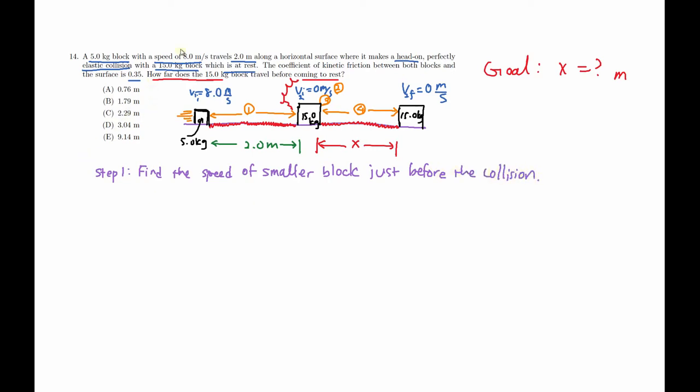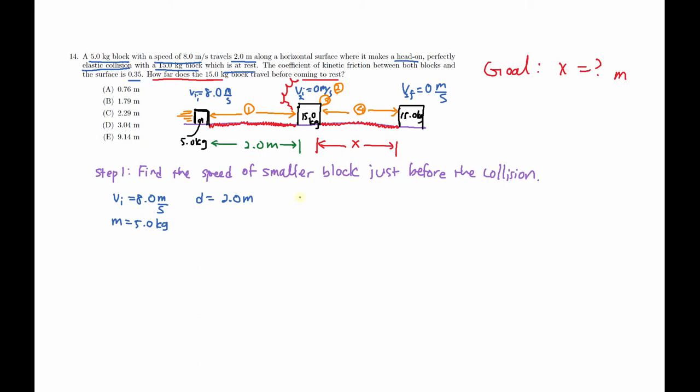Alright, so let's write down the necessary information. For the first step, we have an initial velocity, 8.0 meters per second, and the mass is 5.0 kilogram. The distance is 2 meters. And we're going to set up the equation that deals strictly with our smaller block.